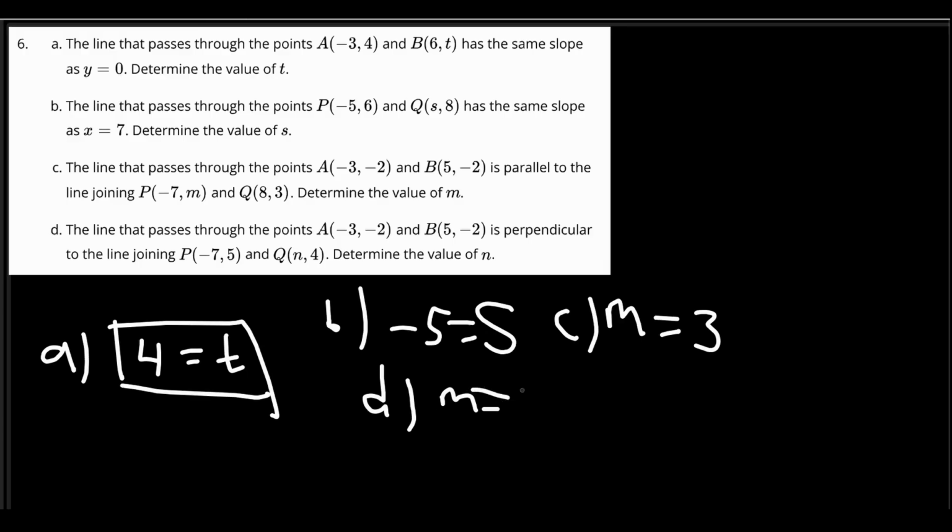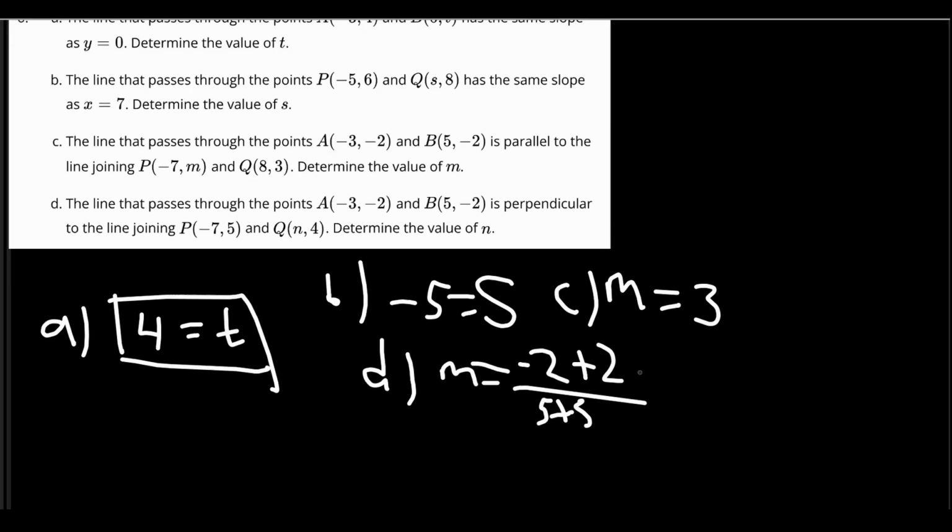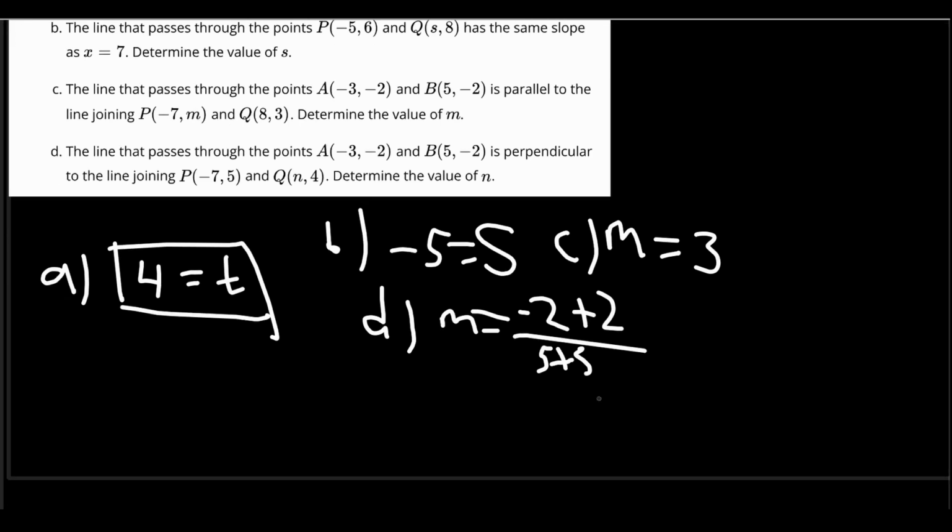So we have m is equal to minus 2, and then that'd be minus negative 2, which is just plus 2, over 5 minus negative 3, which is just plus 3. And as we noted before, this is just 0, and 0 over anything is 0.